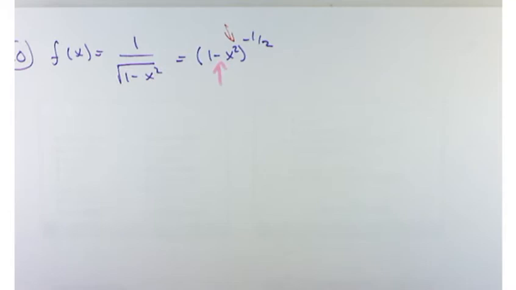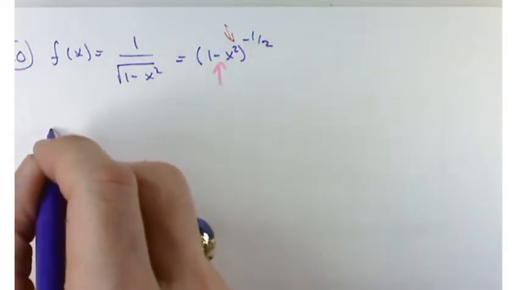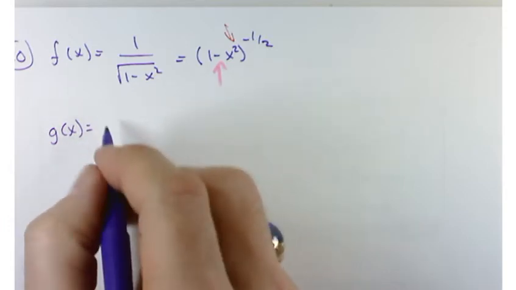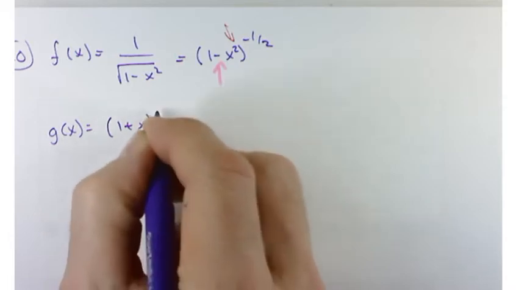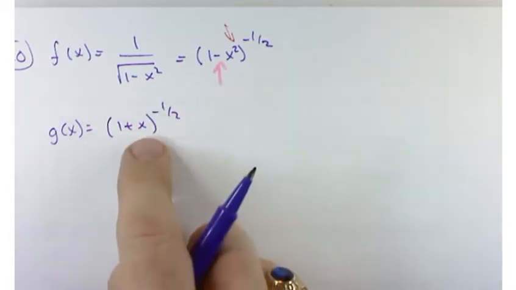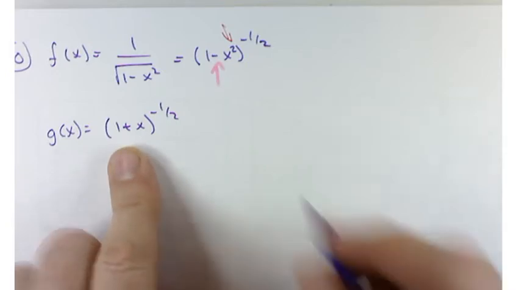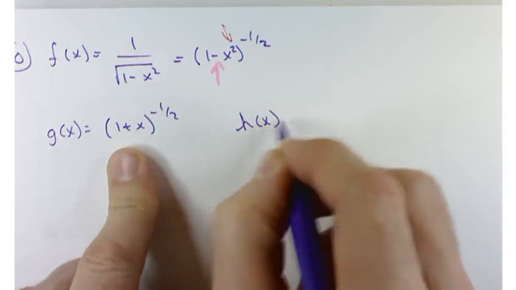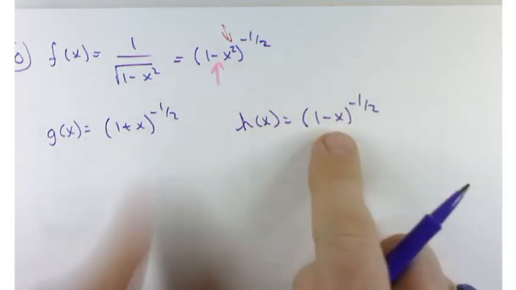So there's a couple things that we're going to have to take care of. And what I suggest is we take care of them slowly, one at a time. Let's first derive a series for what I'll call g of x. And g of x is going to be 1 plus x to the minus 1/2. So eventually my goal is twofold. First of all, I'll get a series for this. Then I'll create a series for h of x equal 1 minus x to the minus 1/2.